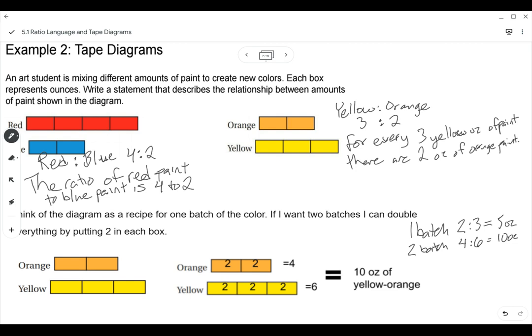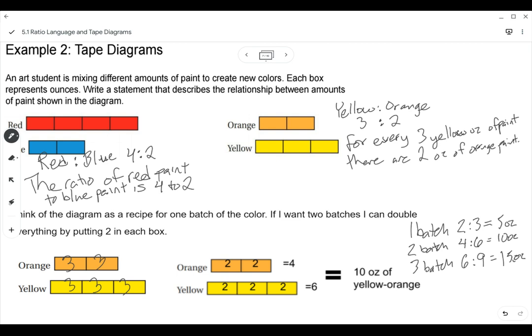So what do you think is going to happen if we want a triple batch? Well, first, rather than drawing more and more boxes, to make a triple batch, we could put 3's in all the boxes. And now the amount of orange for a triple batch would be 3, 6 orange and 3, 6, 9 for yellow, for a total of 6 plus 9 would be 15 ounces.